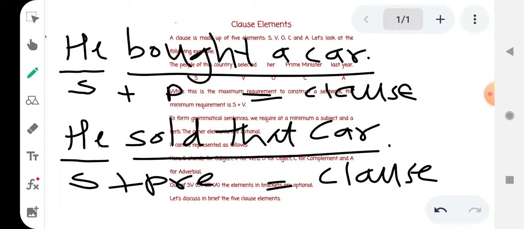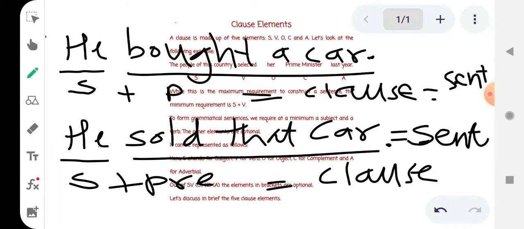These are two different clauses, and here we have given a full stop, means this clause is closed and it has formed a sentence. And here also, he sold that car. We have given a full stop, means the clause is closed, it has formed a sentence. So these are two different sentences.